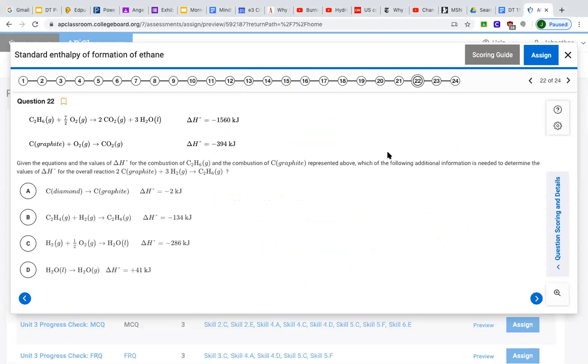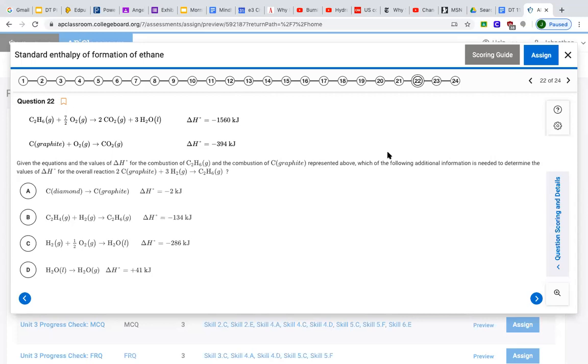Okay, so figuring out how to combine the equations. Given the equations and the values of delta H for the combustion of ethane and the combustion of graphite, which of the following pieces of additional information is needed to determine the delta H value of the overall reaction? Graphite plus H2 gives C2H6.